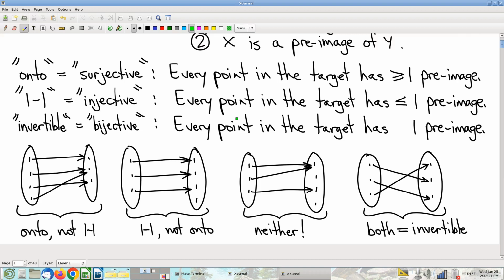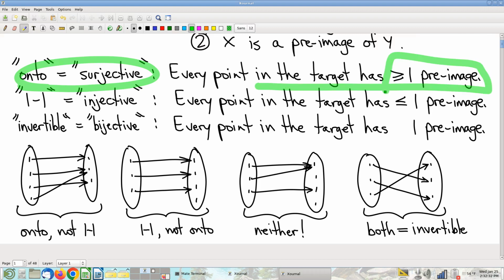A function is called onto or surjective if every point in the target has at least one pre-image. In other words, every point in the target gets hit by the function. Or said differently, every point in the target is also in the image. So the image equals the target.